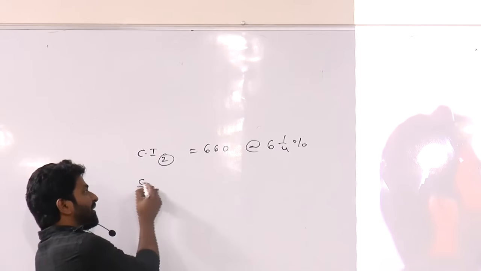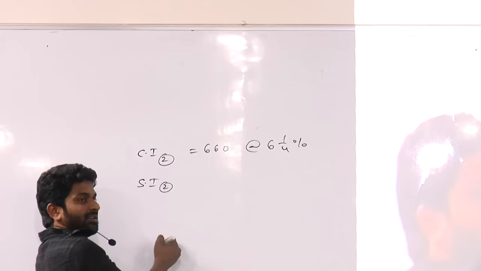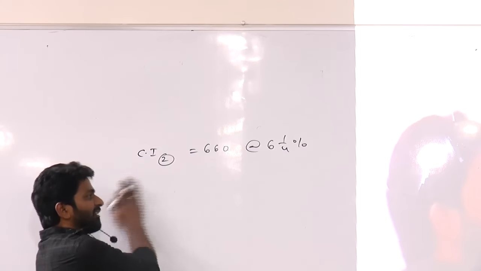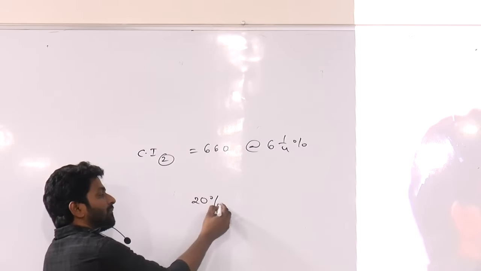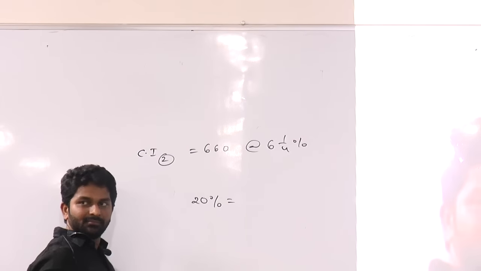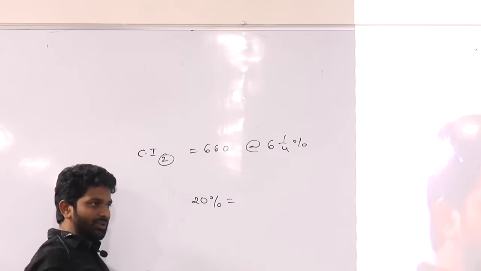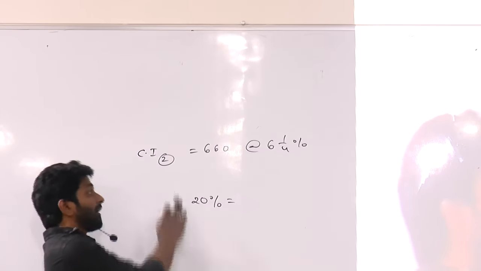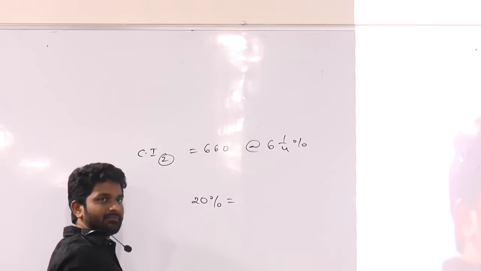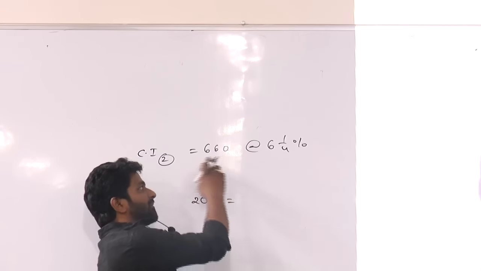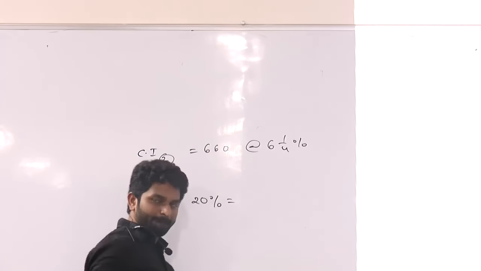We are asked about simple interest for 2 years at 10%. In the sense that will be, come on, 20%. At 10% per annum simple interest for first year will be 10%. Second year also 10%. Total 2 years 20%. Compound interest for 2 years at the rate of 6.1/4% is 660.